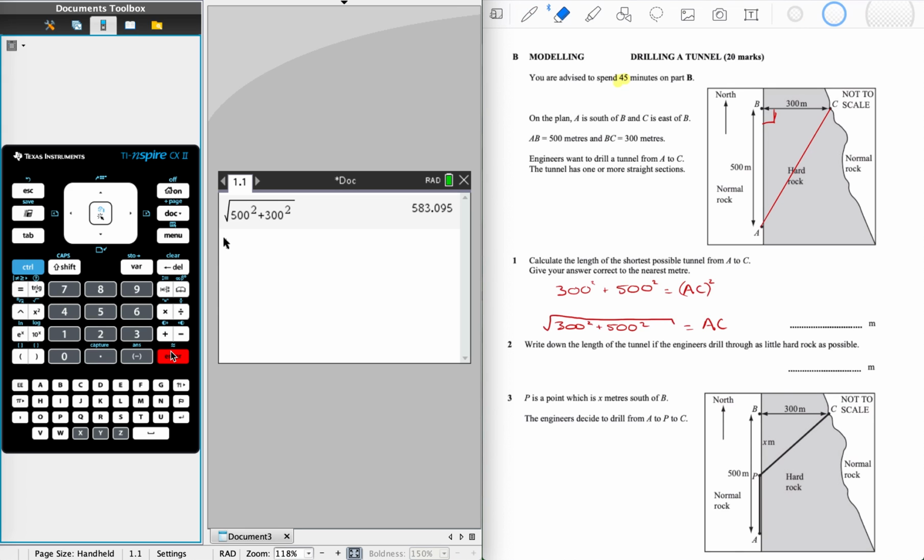It asks us for the nearest meter. So I'm getting 583.09, I'm going to round that to 583 meters. Okay, write down the length of the tunnel if the engineers drill through as little hard rock as possible.